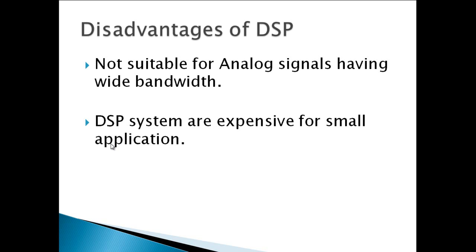Those of you who are familiar with sampling, or have studied digital signals, know they also have some disadvantages. They are not suitable for analog signals having wide bandwidth. Why?